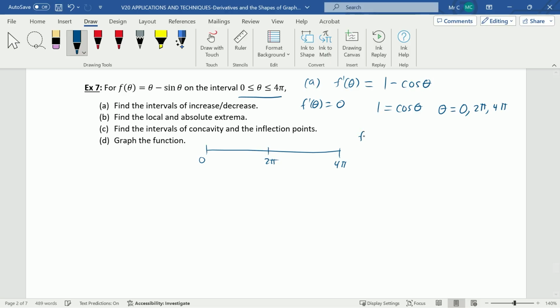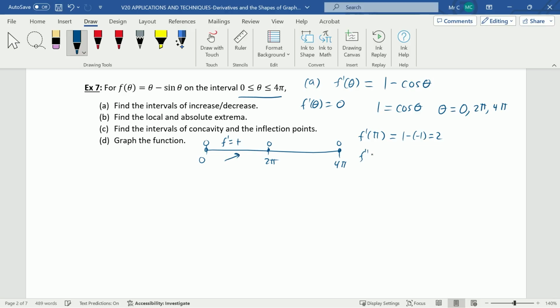We need to pick something in between each of these zeros for our derivative, right? And so we'll take f prime of pi. And f prime of pi is 1 minus -1, which is 2. So that's positive. So we'd say f prime is positive here. So the graph is going up.